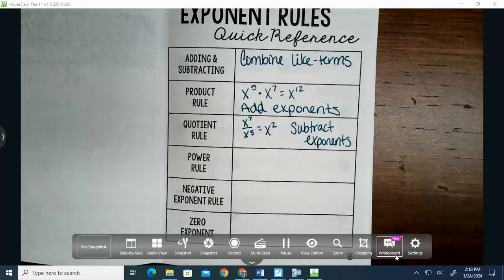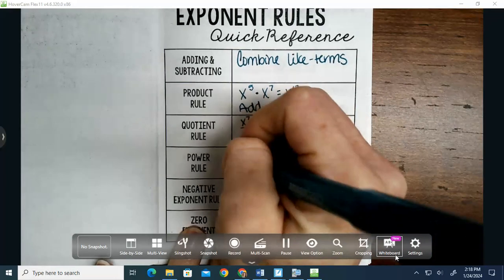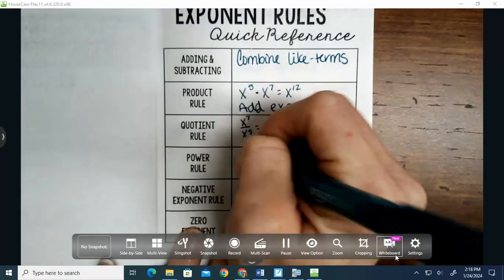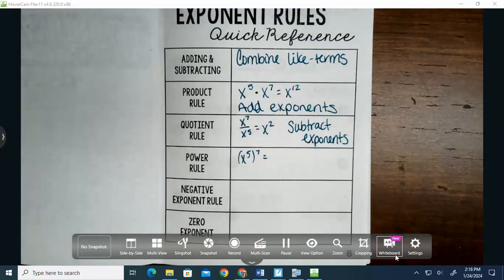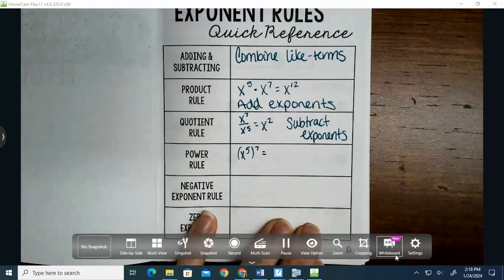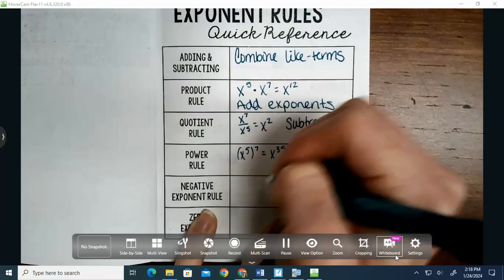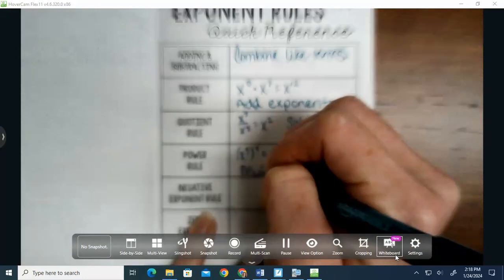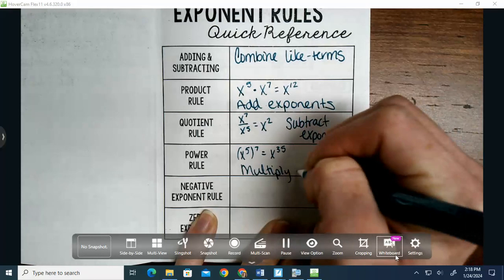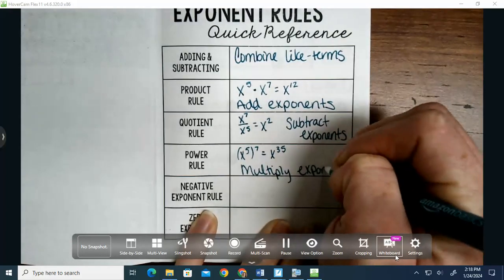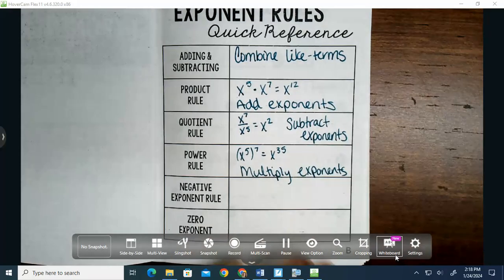The last one, power rule. When I say x to the 5th to the 7th, what do we do then? Okay.